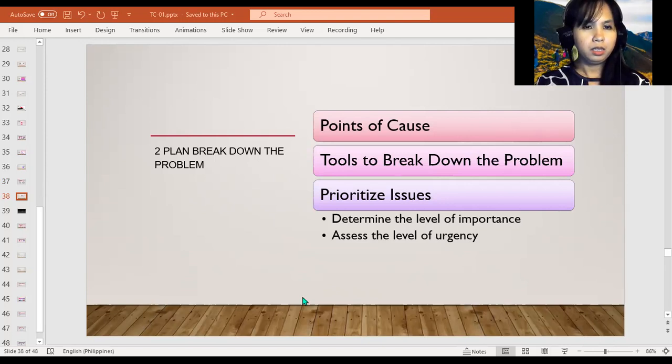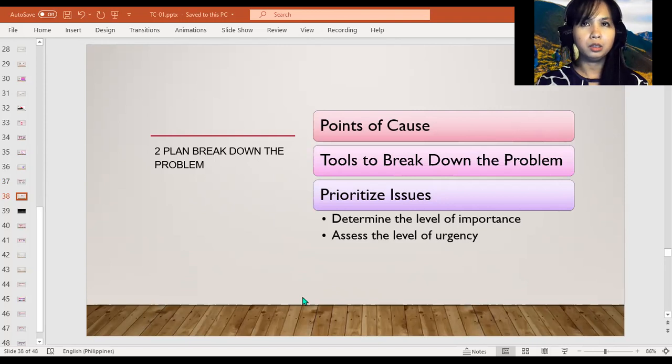So when we look at what tools to break down the problem, that's the next part actually. There are many tools that can help you visualize the what, where, when, and who of a problem. We have the Pareto diagrams, the tree diagrams, pie charts, scatter plot diagrams.